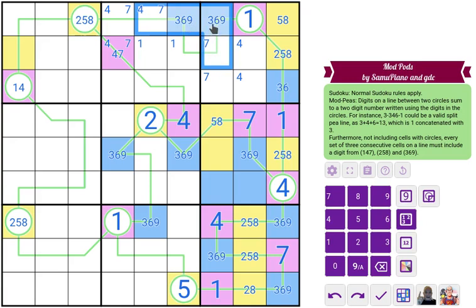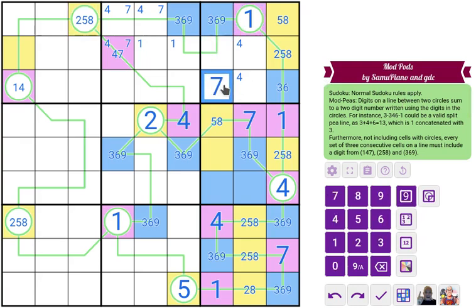So 14 and 9 is already 23, which is too much for this line. So this can't be 7. 7 goes here, which means this is yellow.